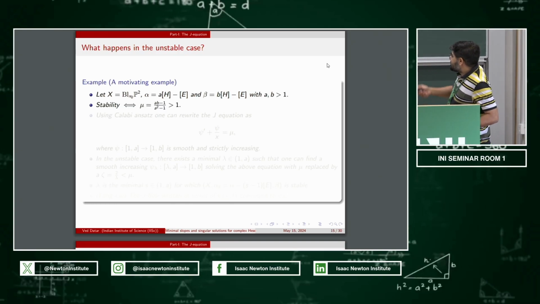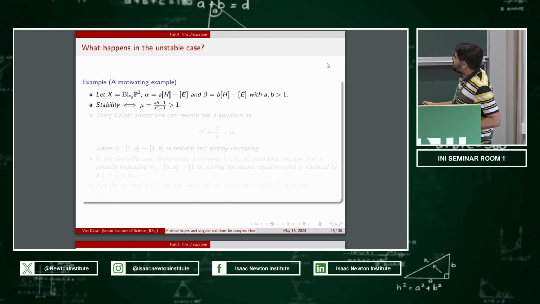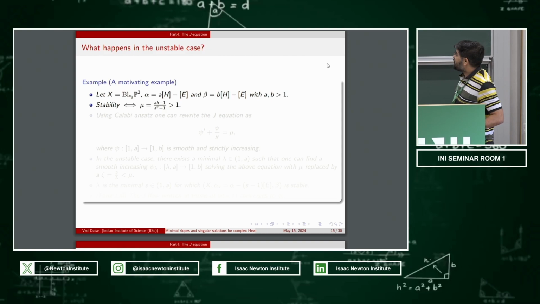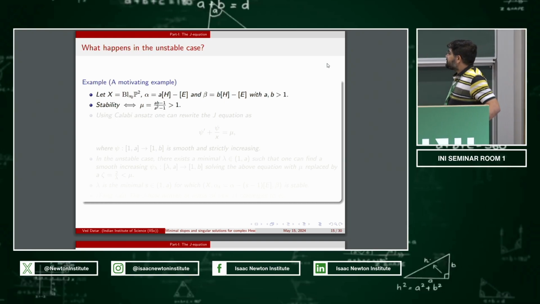Then it turns out that you can calculate various things very explicitly. So I'm going to assume that by rescaling, my classes are such that the intersection with the exceptional divisor is just 1. So alpha is going to be aH minus E, beta is going to be bH minus E. And for them to be Kähler, a and b have to be bigger than 1.